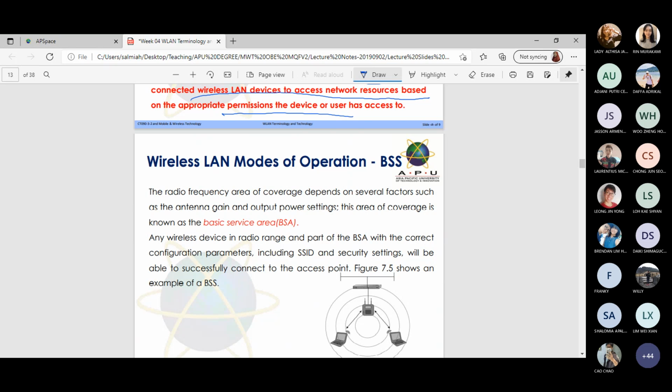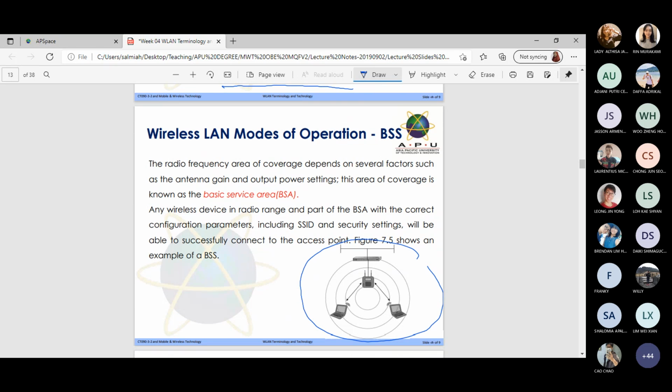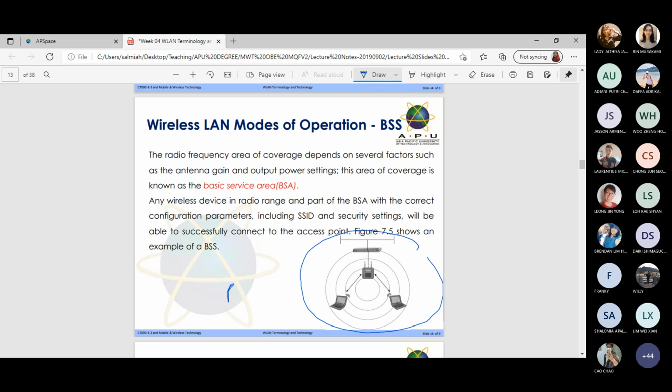So this basic service set actually consists of a basic service area. This is the basic service area, and these are the devices that belong to the basic service area and connect to this one particular access point.